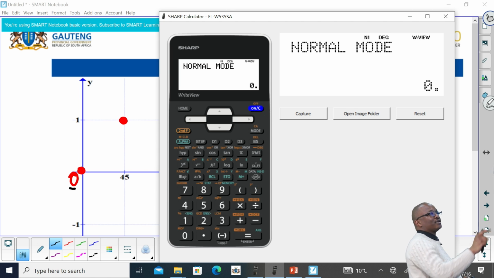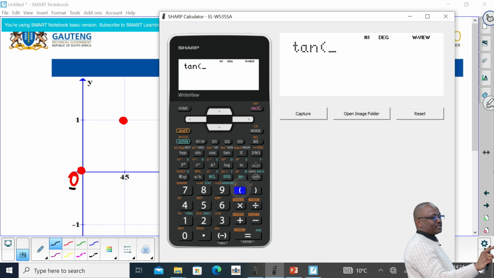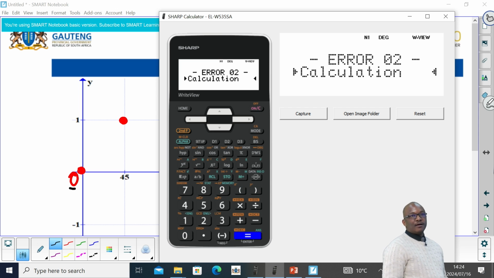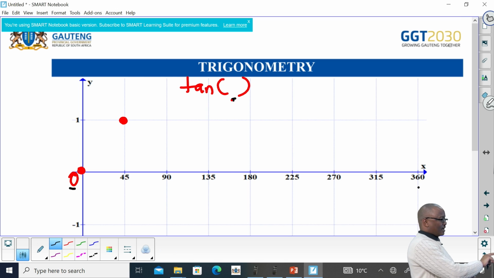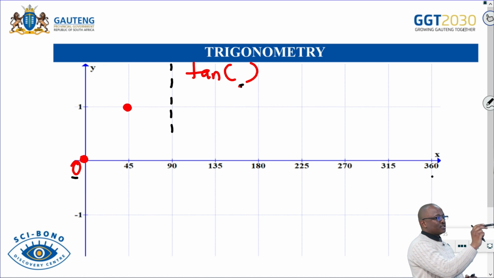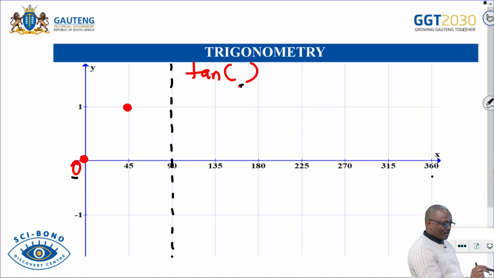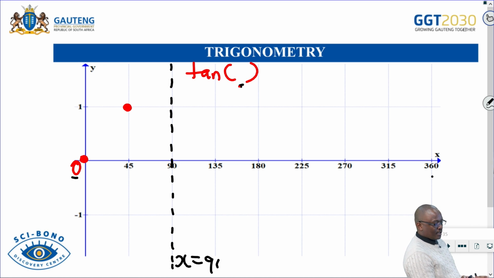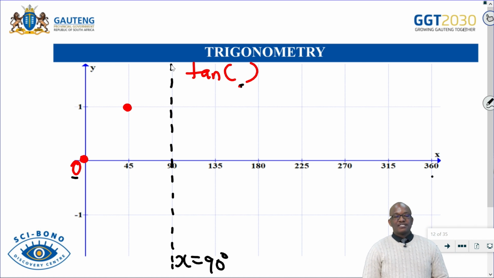When it's an error, you must know that I am going to have what we call an asymptote, where x is equal to 90. That is the equation of our asymptote.